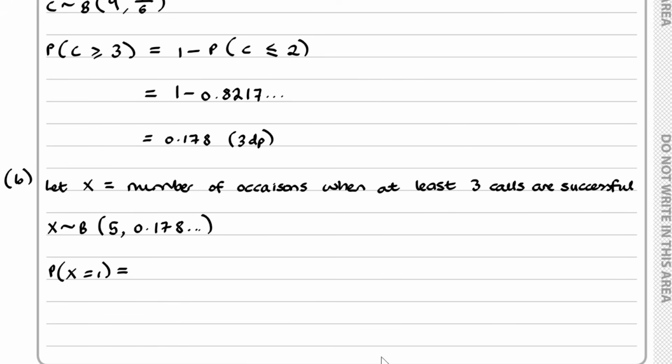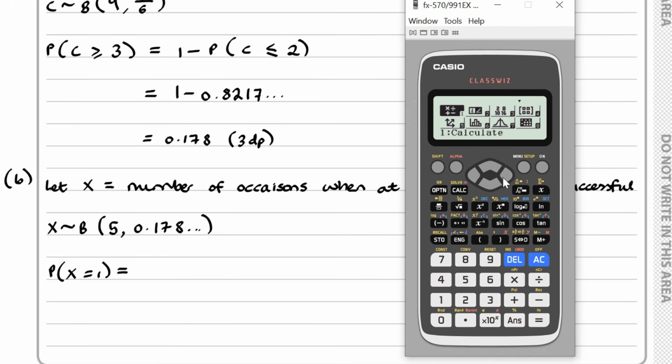We can use our calculator for this. Here we have a binomial PD. X is equal to 1, n is equal to 5, p is equal to this value which we've just worked out. It turns out we get 0.406 to 3 decimal places. Okay.